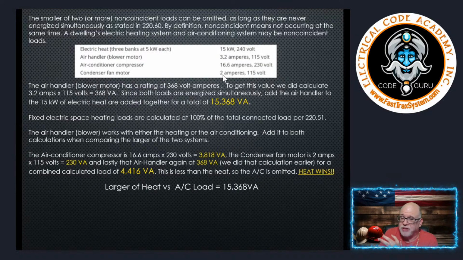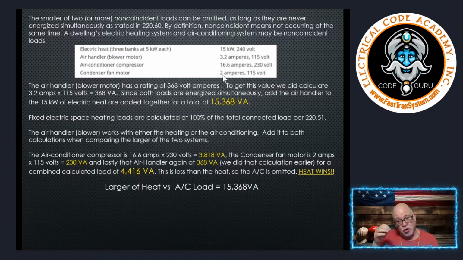So while we're doing this neutral contribution, I might as well write it down while I'm here. All I'm going to do is take that 230 VA that was for the condensing fan, and take that 368, which is for the air handler, and that is going to be 598.